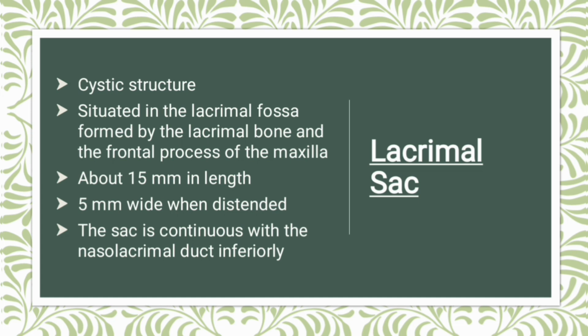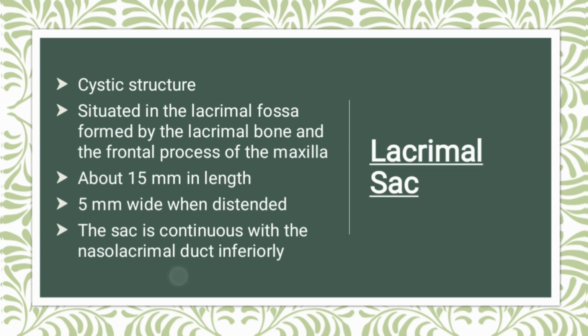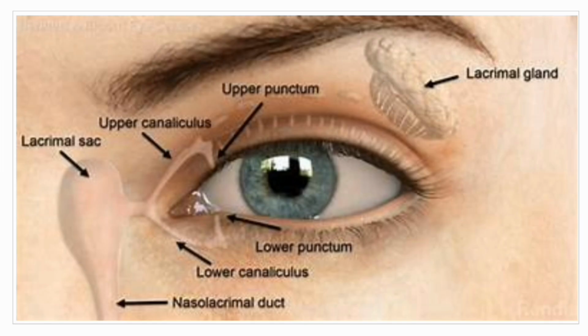And the sac is continuous with the nasolacrimal duct inferiorly. So this sac is over here. You can see that this is continuous. This is the lacrimal sac, and here we have the nasolacrimal duct, right? So this opens into the nasolacrimal duct from where the tears are then drained further.